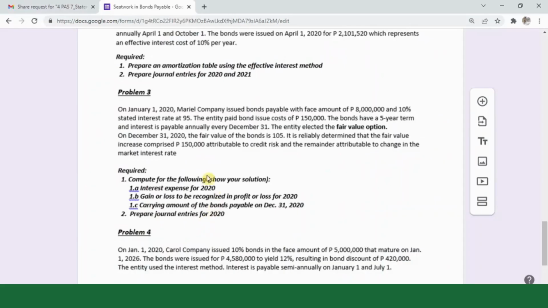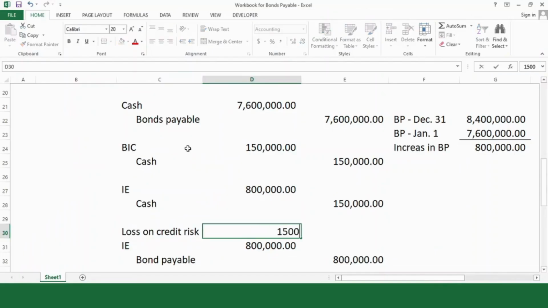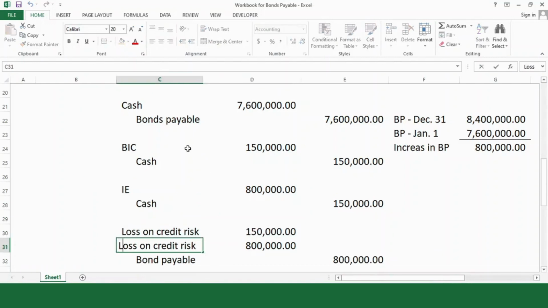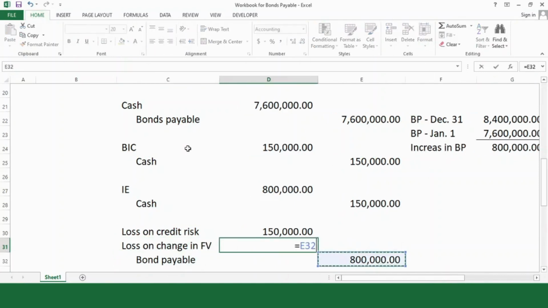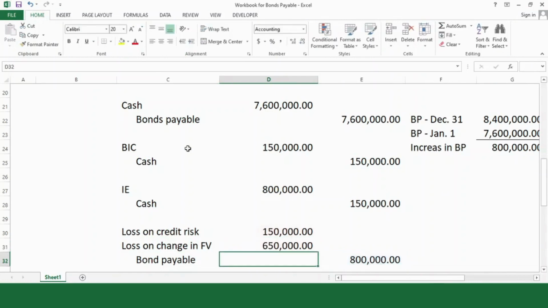Given naman sa problem, that is pertaining to 150,000 attributable to credit risk. So, the remaining pertains to loss on the changes of the fair value. Loss on change in fair value. So, the difference would be 800,000 minus 150. So, 650,000.